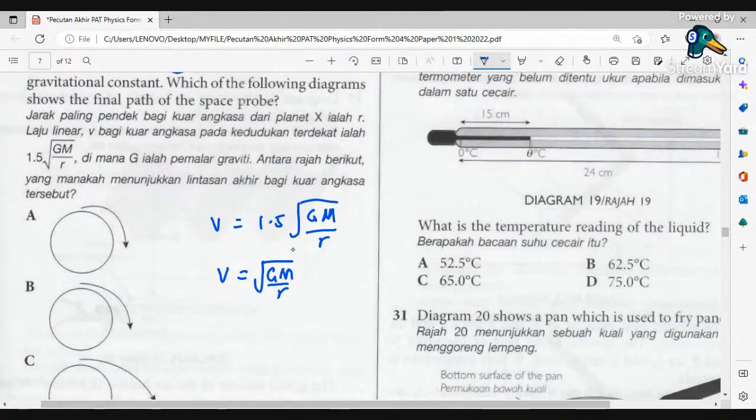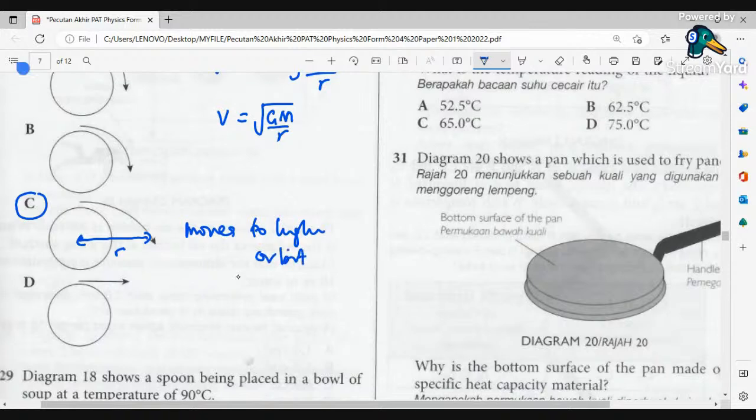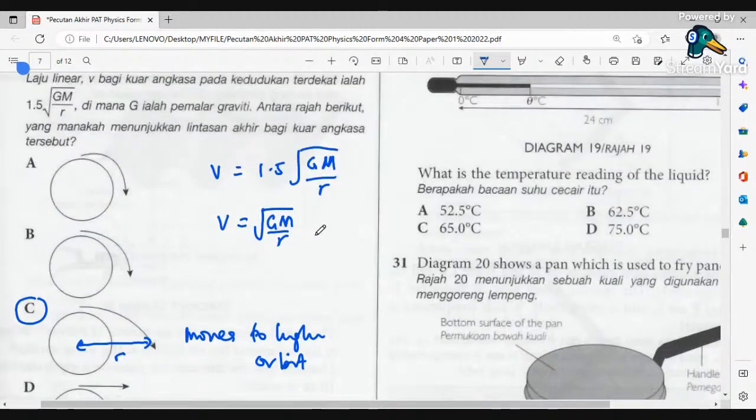So if it is 1.5 times larger, meaning larger than the required velocity to maintain the orbit, it will move to a higher orbit, with higher speed. If it moves to a higher orbit, its distance will be further, so r will increase. So you will get the answer C. It is 1.5 times bigger, this is larger.